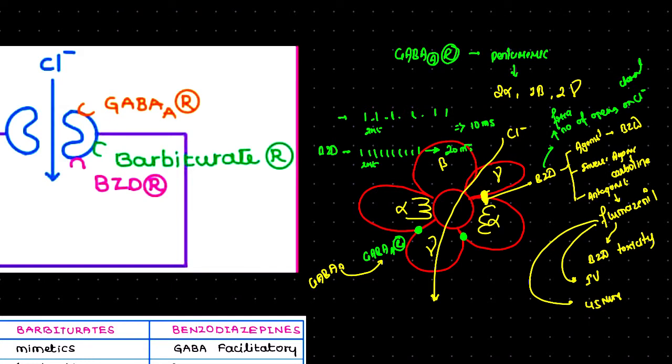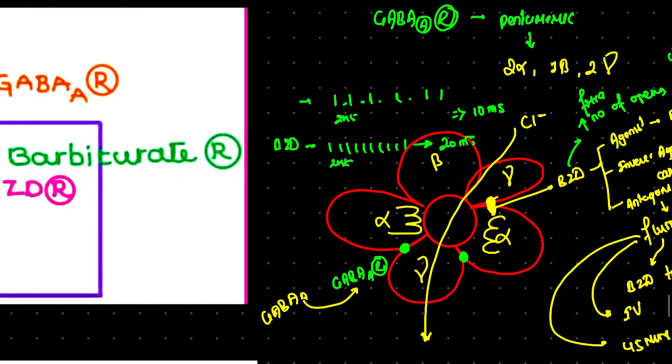barbiturates, right? Barbiturates also help in opening of the chloride channel. Now, as we have said, our benzodiazepine receptor was present between the alpha and gamma subunit. Where are barbiturates present?